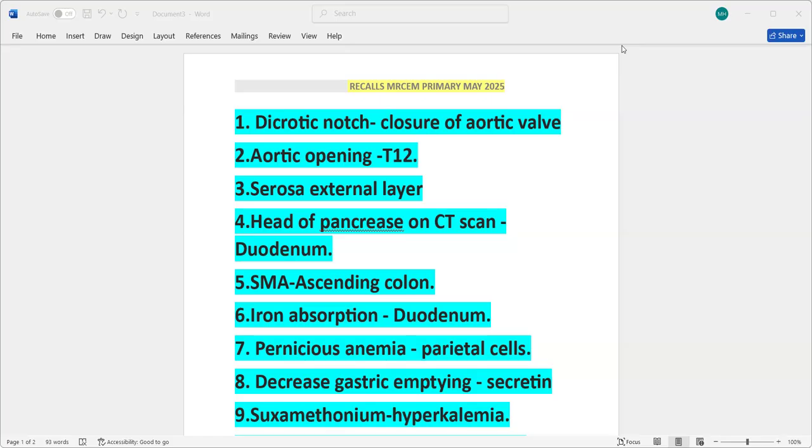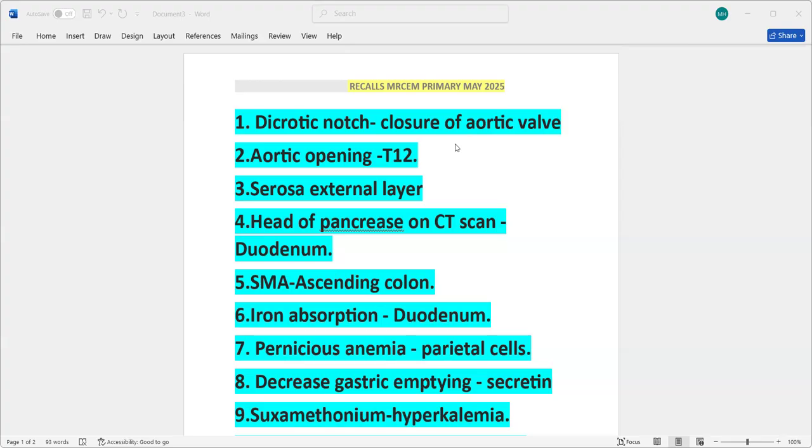Okay, so all of the MCQs were in clinical form, and some were simple and straight MCQs. The first is, you can see on your screen, the dicrotic notch, which is closure of the aortic valve. It was a simple MCQ, they ask when the dicrotic notch will appear.